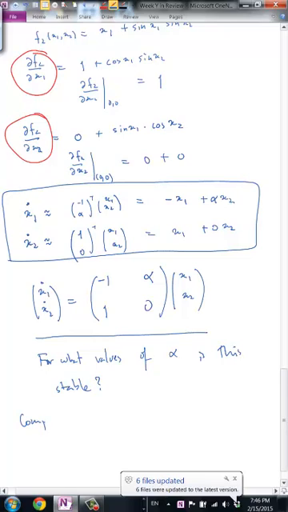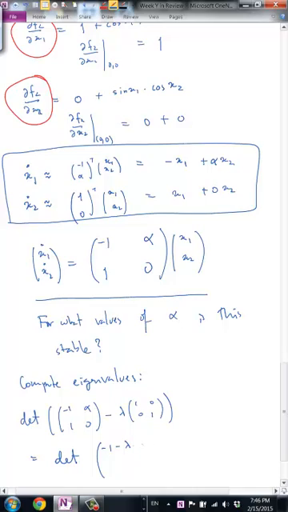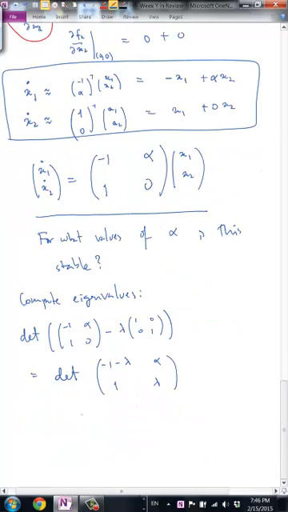So we take the determinant of the matrix minus 1, alpha; 1, 0, minus lambda times the identity, which is the determinant of minus 1 minus lambda, alpha; 1, minus lambda.